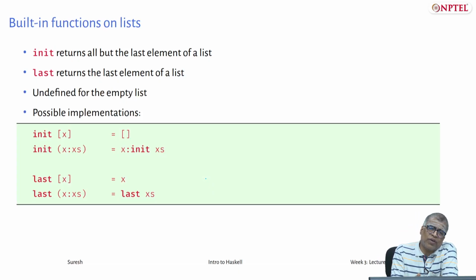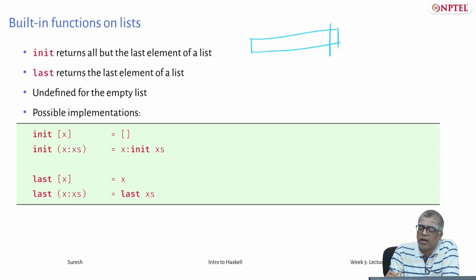This is the definition given in the Haskell standard library. Init of the singleton list x is empty list, init of x colon x's is x followed by init of x's. So, if I have to find out the initial portion of a list, then what I will actually do is I will go till the end. At this point, I will replace this by empty list, and I will have to put back all these elements again.